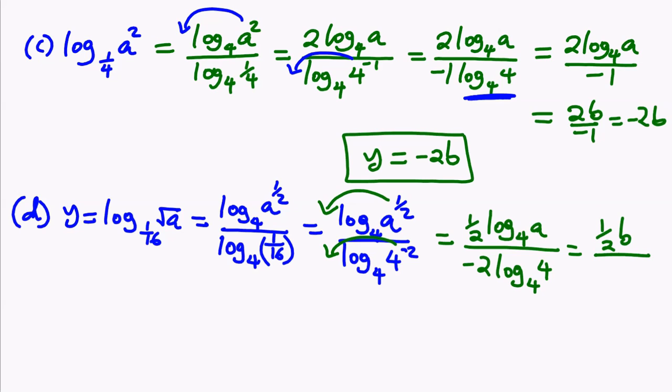Remember, log to base 4 of a is b, over negative 2, because log to base 4 of 4 is 1. Now, here a half of 2 is a quarter, so that will be negative a quarter b. So our final relationship between y and b is y is equal to negative a quarter b.